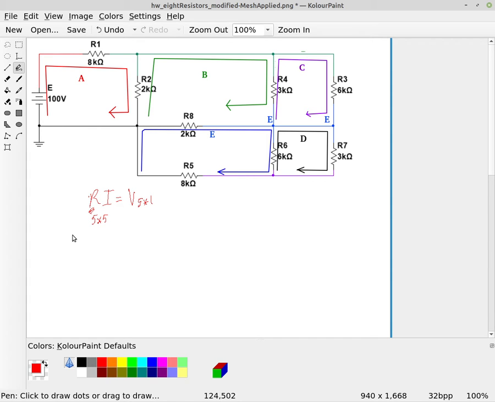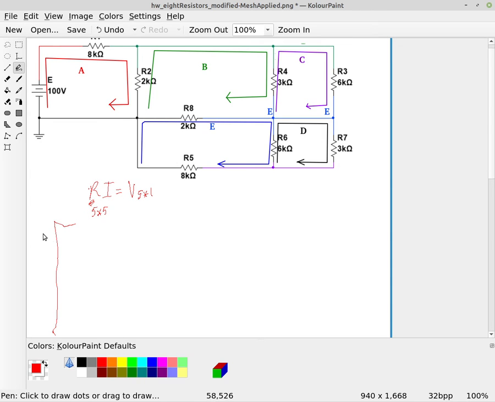Alright, so the easy way of doing this is that we're going to create the A row, which I'm going to do in red. And what we're going to do is just go along here, and we're going to look at all the resistors that A is touching, okay, and add those up.